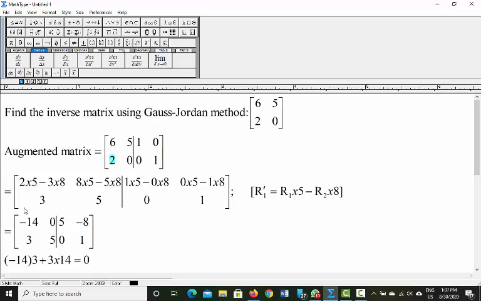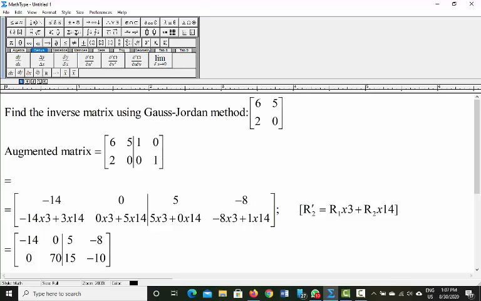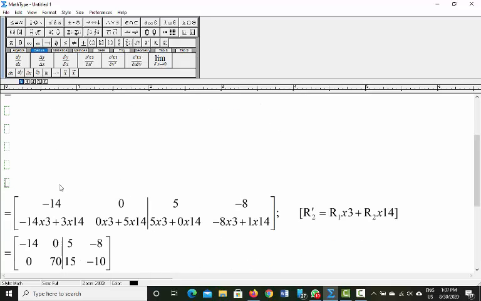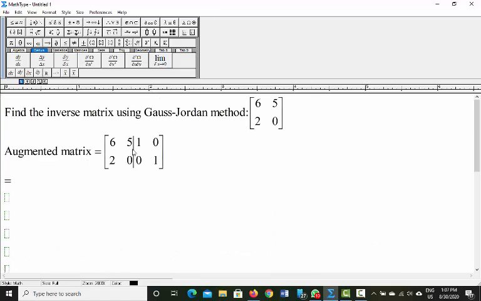So there is a catch here. What is the catch? If you want to convert these one to 0, you need to establish row operation with these one.